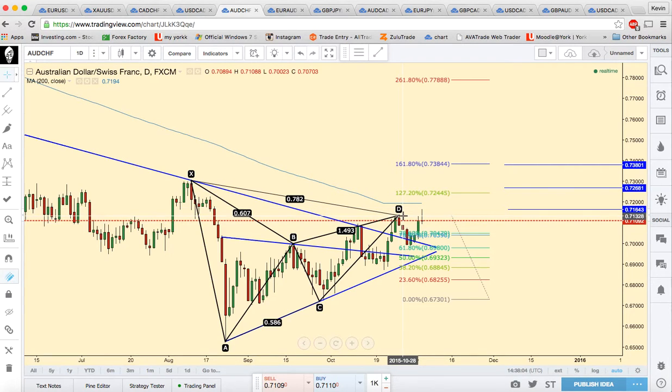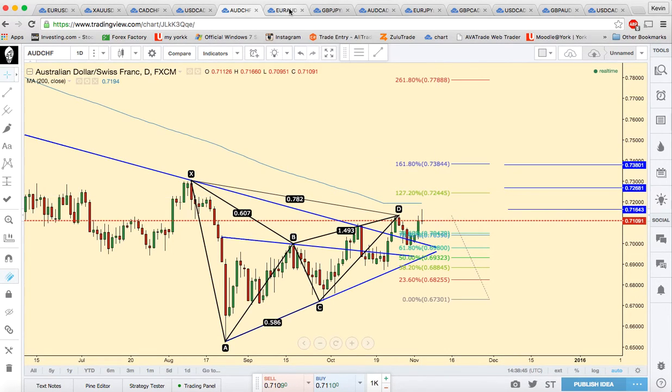So I took the pattern and it went down towards the trend line that was broken, and I exited my trade because I knew it could either go back below the trend line, or it could go further high. So I took my targets here, and I'm pretty sure it has confirmed the breakout now. So I'm pretty bullish on this pair at the moment as well. My next target will be around 127, so 72.44.